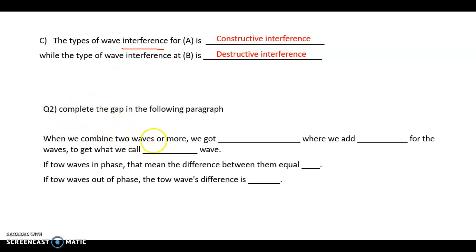When we combine two waves or more, we get an interference where we add. What do we add? This is related to question 1. We add the amplitude of each wave to get what we call a resultant wave.